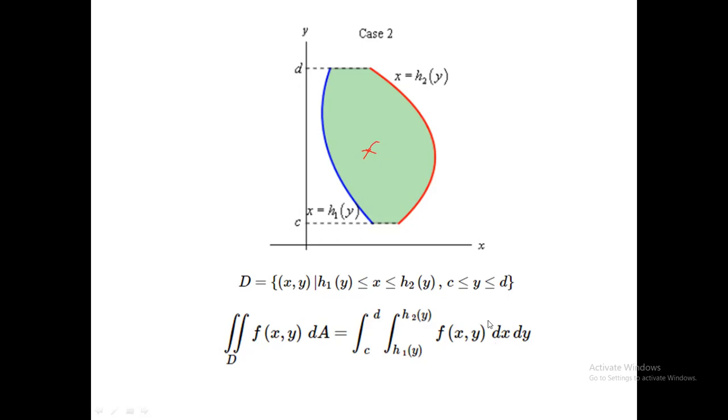So first, in terms of the x variable, y is considered as a constant. Substitute the limits to dx, and then in the second integration, you will integrate in terms of y and substitute c to d as limits on the y variable. So this is a generic representation of how you go about evaluating multiple integrals.